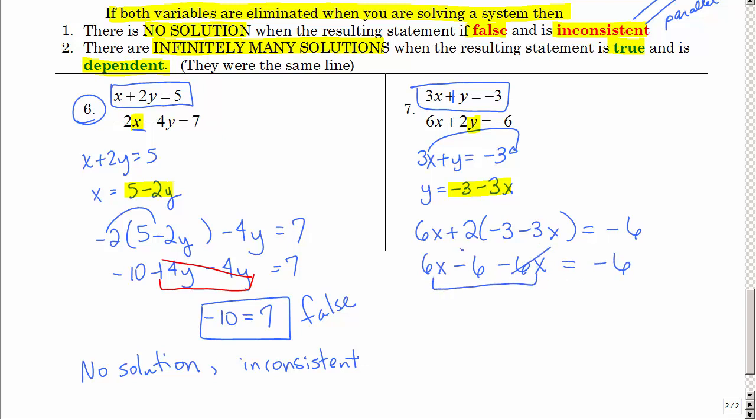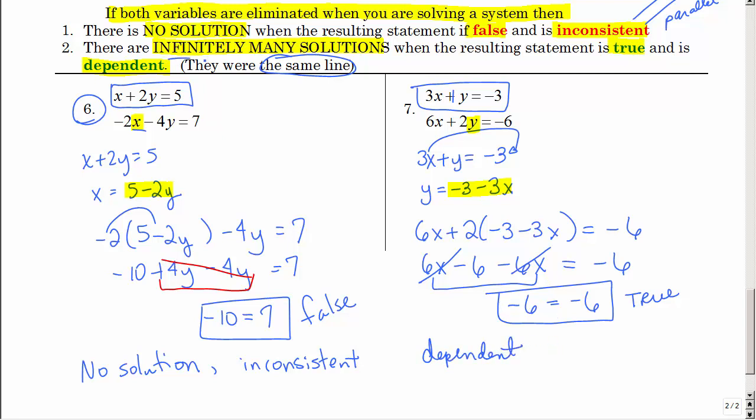Collecting like terms, variables poof, disappear. Not done. Is this true or is this false? This is true. What did that mean? It means they were the same line to begin with, so we could put dependent. We could also put infinitely many solutions, or like I think in the other lesson, I put all points on the line. That is the substitution method, step by step.